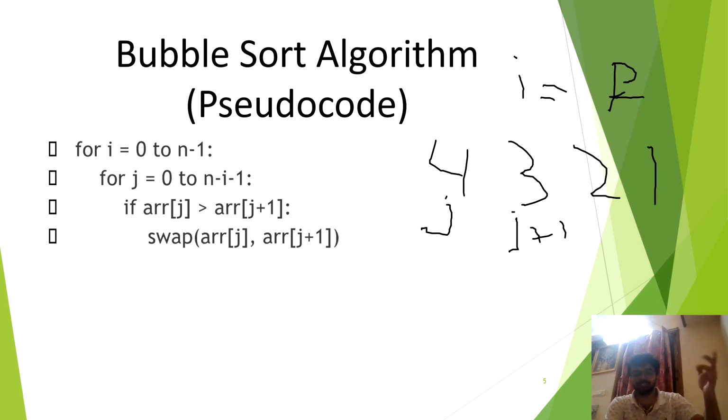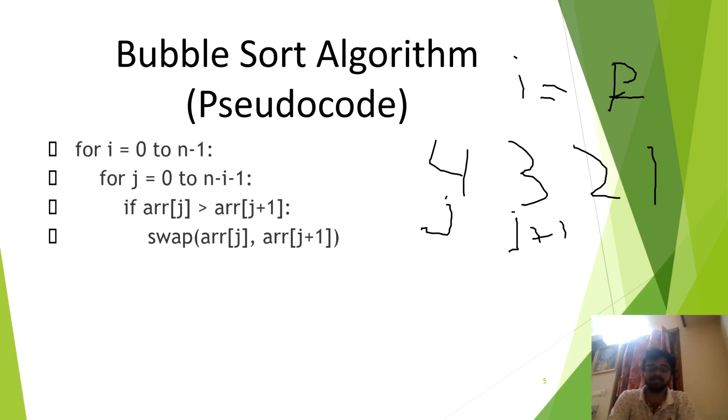As we explained in the previous video, if the first element is greater than the second element, we have to swap. So in this third point, if array of j is greater than array of j plus 1, that is 4 is greater than 3, we have to swap these elements.